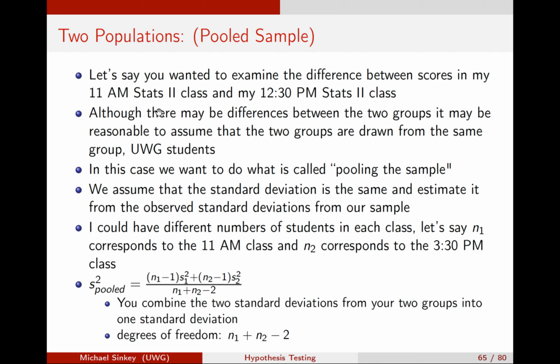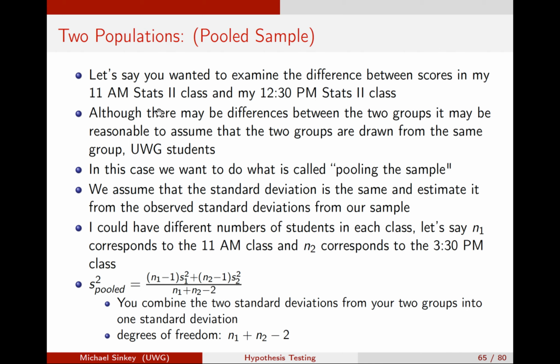When I teach stats 2, I often teach the class at 11 o'clock and then right around 12:30. Those are technically different populations, but for all intents and purposes, they may be very, very similar. And we may want to do what's called pooling the sample.